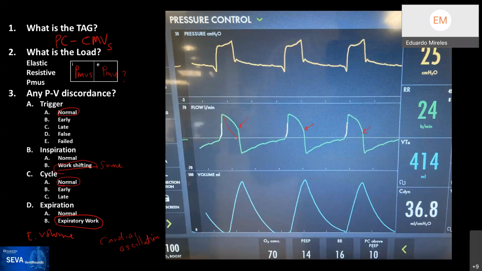And actually, this was an interesting one for me, or in the discussion, because you can see the peak that exists up here. So normally this should be a square like that, right? And sometimes our teams may think that this means that there's a late cycle because there's an increase in pressure. But I will highlight time and again that when you're controlling pressure, you always look at the flow.